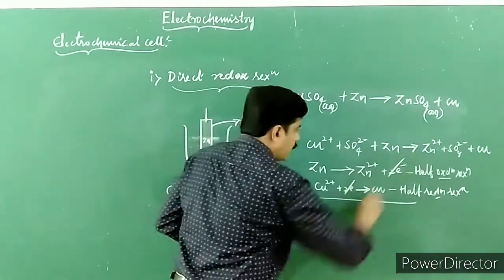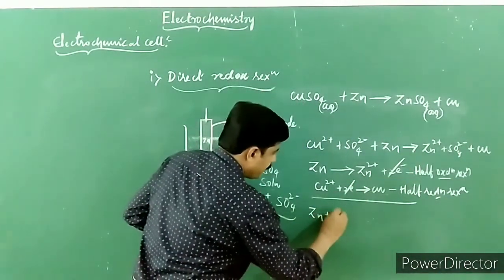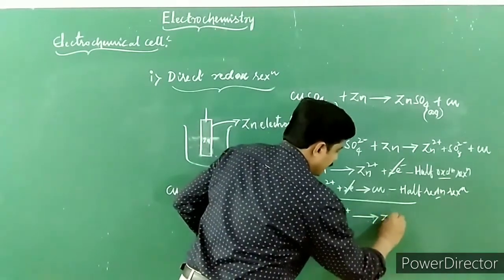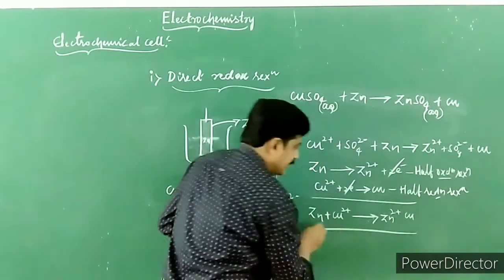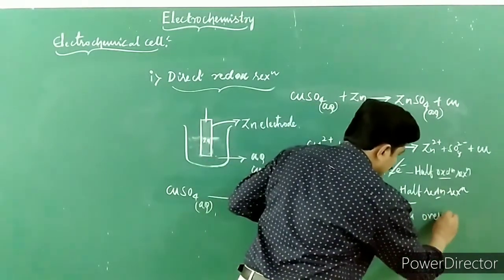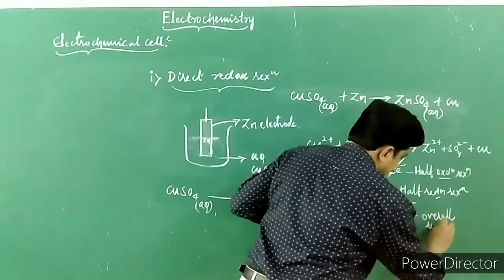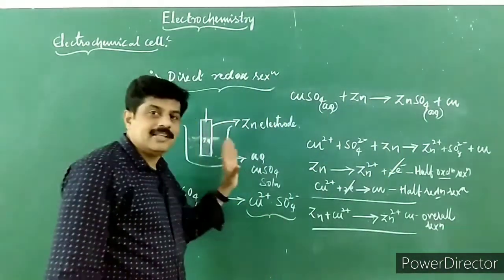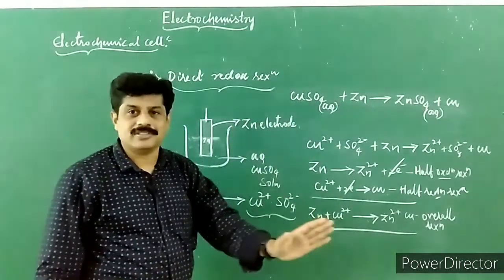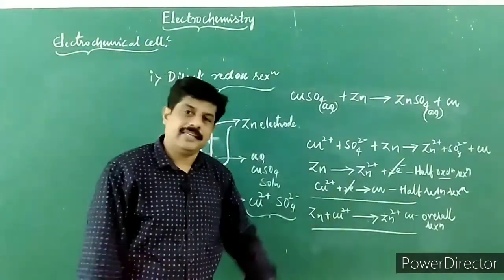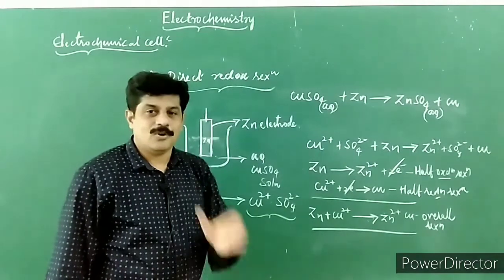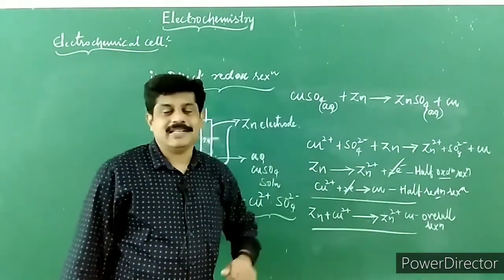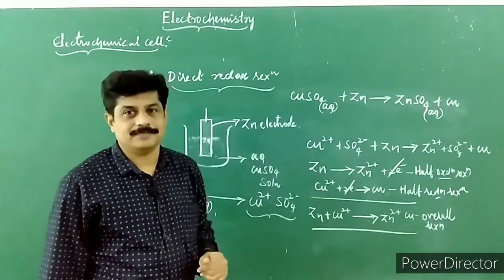Children, I can write the overall reaction as Zn plus Cu2+ giving rise to Zn2+ plus Cu. This is the overall reaction. The main thing you need to understand here is that the chemical energy in the case of direct redox reaction is wasted in the form of heat. Hope you understood this.